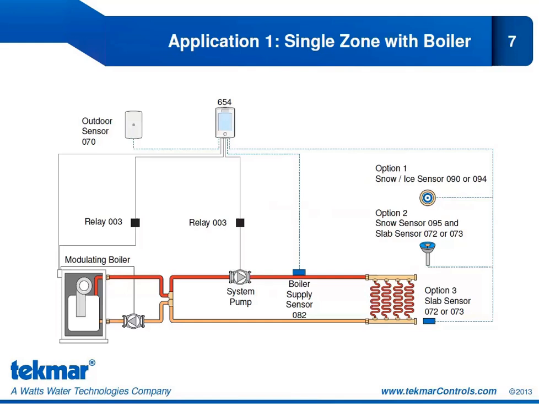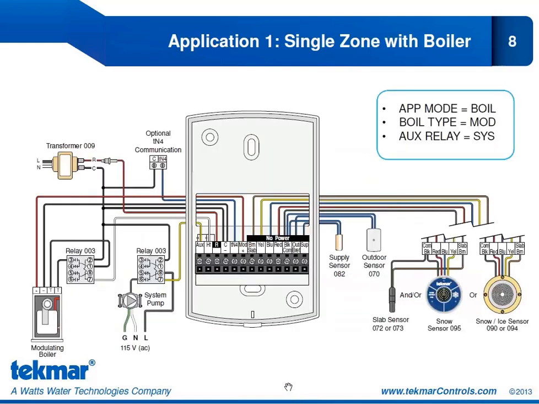Now let's take a look at our electrical. We'll start on the left-hand side. You can see we do have power from our transformer coming into the R and the C. The R is of course tied to the heat and the auxiliary relay. So our heat relay is being used as a boiler enable for our modulating boiler.